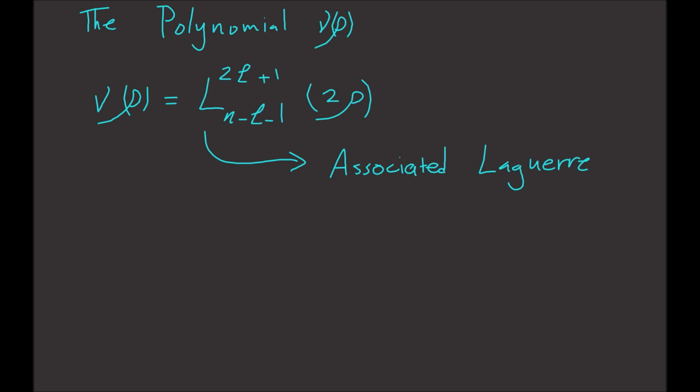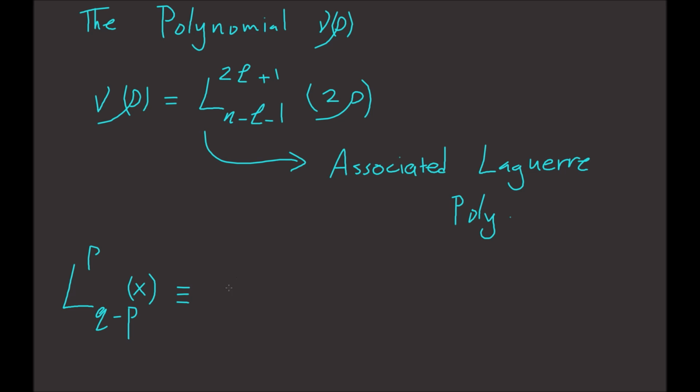These are the associated Laguerre polynomials, and they are given by L sub q minus p to the p power of x. You can rename 2 rho as x, it's the same thing.